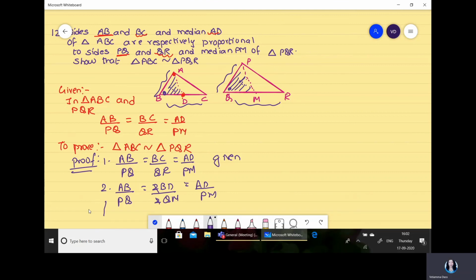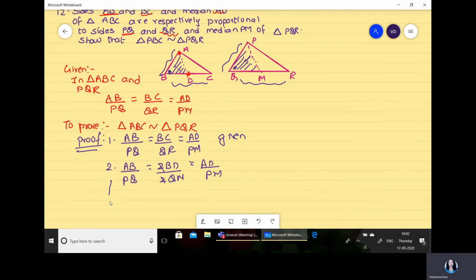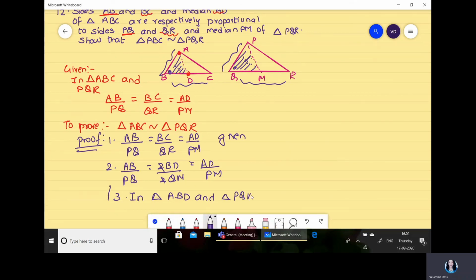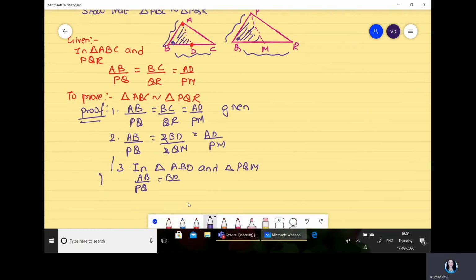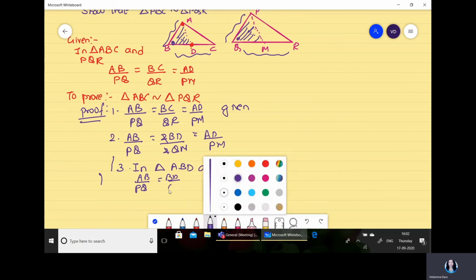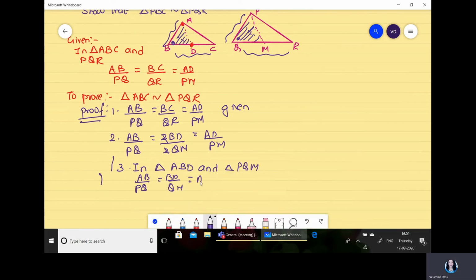Therefore, in triangle ABD and triangle PQM, AB upon PQ equals BD upon QM equals AD upon PM. So all three sides are proportional.